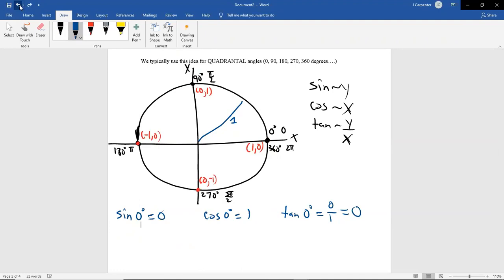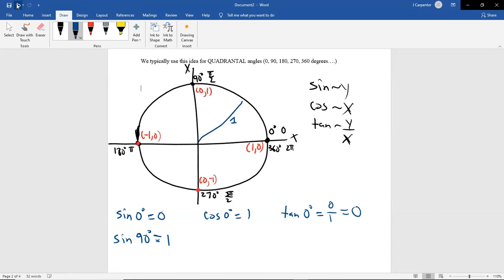There we go. So next up we'll focus on the 90 degrees. So we're up on that point 0, 1. So the sine of 90 degrees, sine takes on the y coordinate. The y coordinate is 1, so the sine is 1. So here's a fun fact. Cosine starts at 0, works its way up to 1 slowly in a nonlinear fashion, which we will start talking about in the next section, how this actually grows.